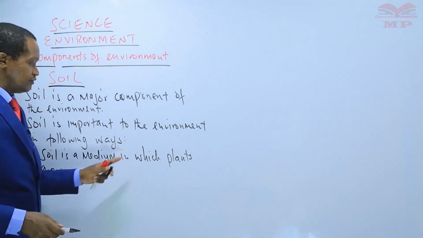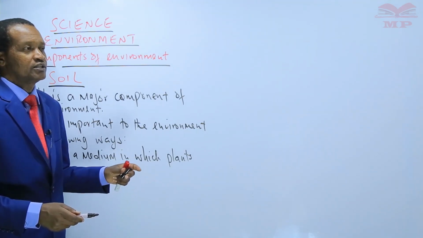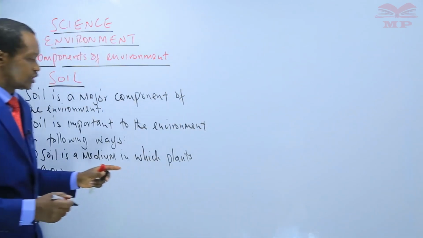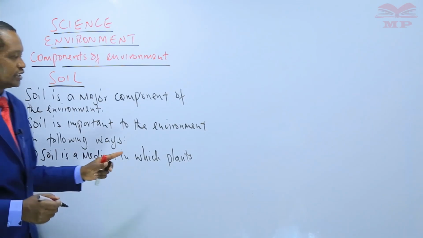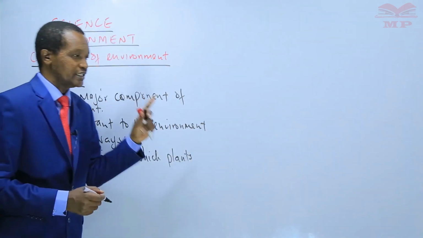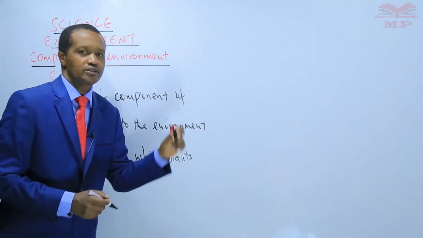That is very important. The plants, learners, obtain food, nutrients from the soil. The reason why we plant our crops in the soil is because the nutrients that plants need in order to grow are found in the soil.